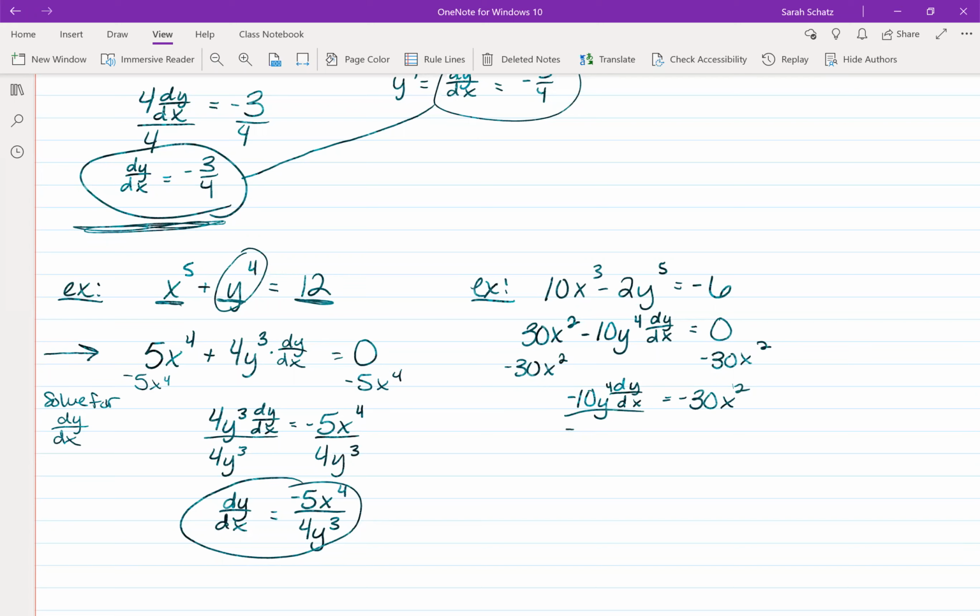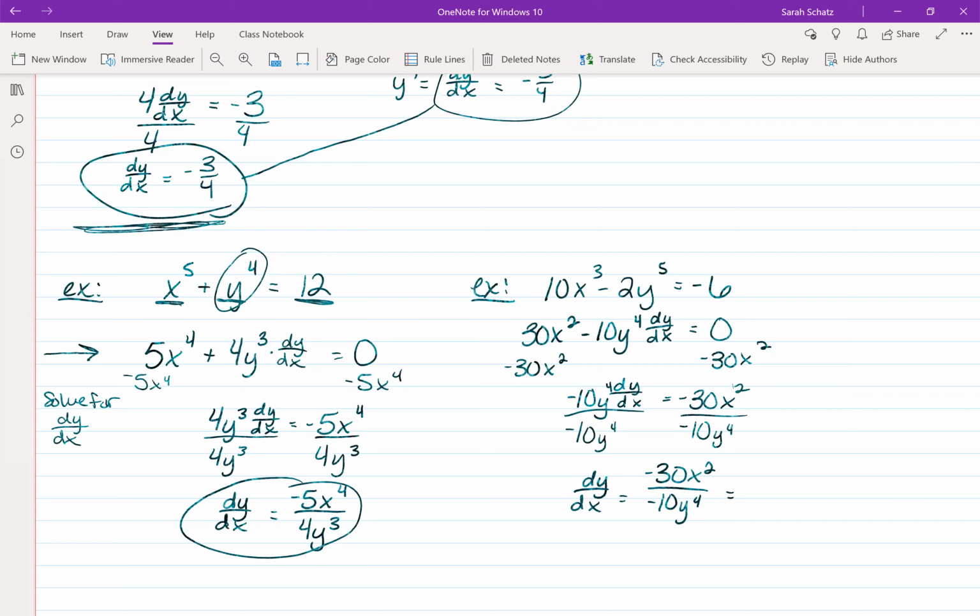And then divide both sides by negative 10y to the 4th. And I'll end up with dy dx equals negative 30x squared over negative 10y to the 4th. But you guys, if you can reduce this fraction, then definitely reduce it.